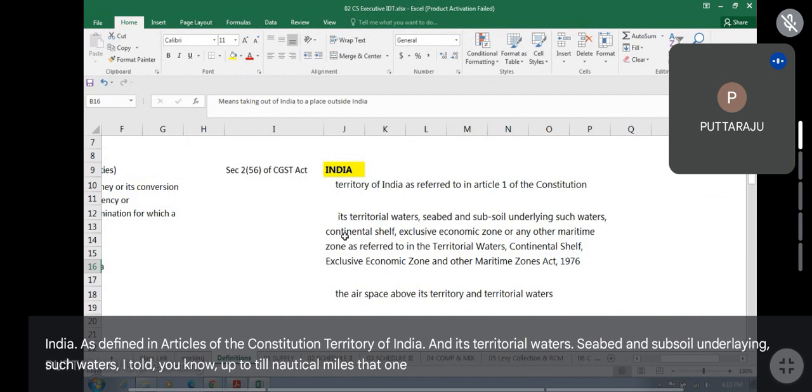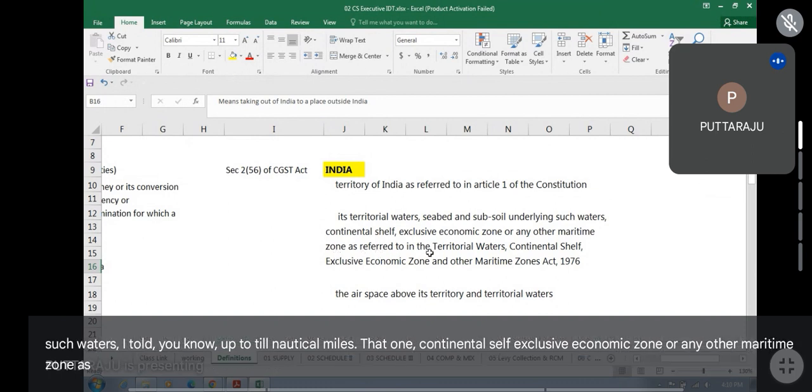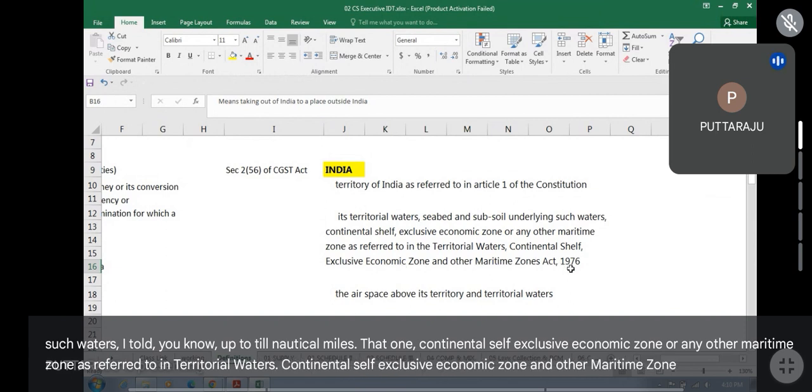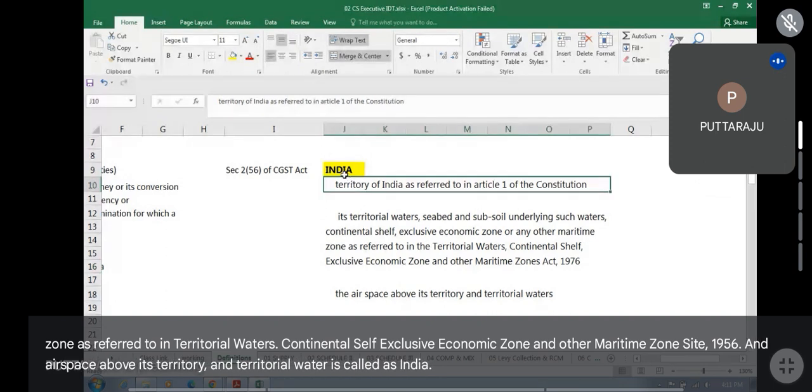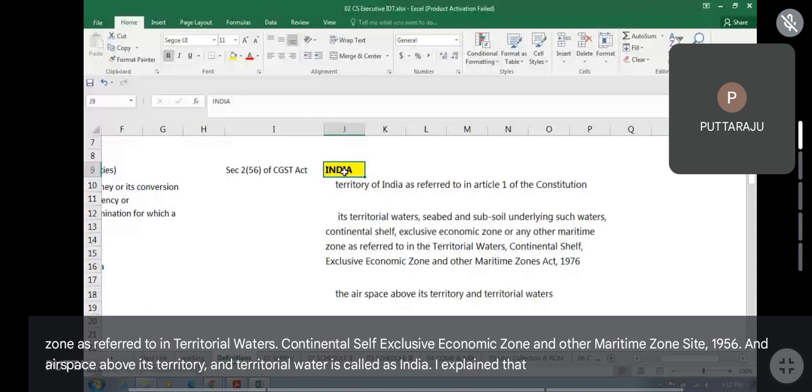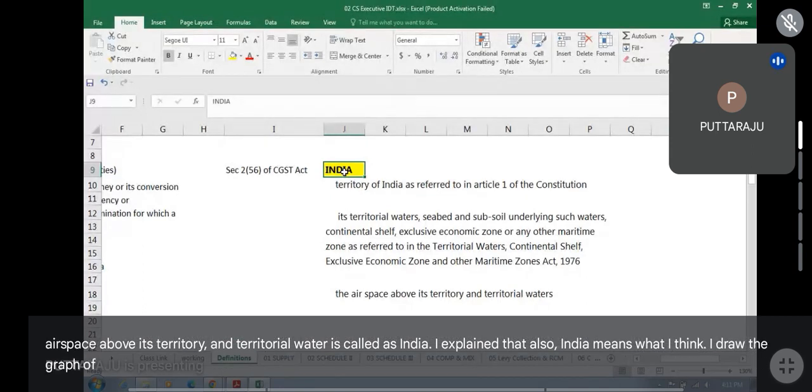Continental shelf, exclusive economic zone or any other maritime zone as referred to in the Territorial Waters, Continental Shelf, Exclusive Economic Zone and other Maritime Zones Act 1956, and airspace above its territory and territorial water is called India. I explained that also. I think I drew the picture also. Okay, it is India.